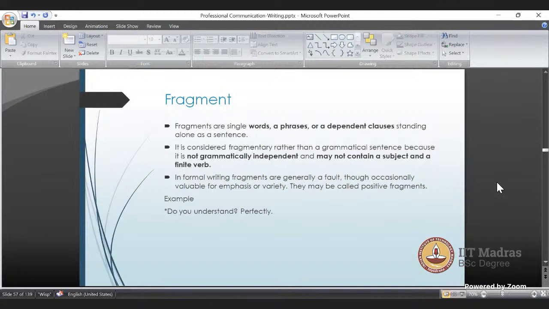And they don't contain, grammatically your requirement is the subject and verb and all that. This particular thing will not have grammatical accuracy. It may not be grammatically accurate and it may not be grammatically independent also. However, they are standalones. They can stand alone and provide meanings to people. So what do they look like? They could be words, they could be phrases, or they could be dependent clauses.